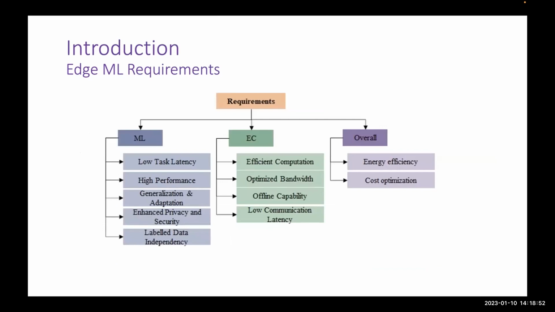The requirements combine both the requirements for machine learning and edge computing. You have different requirements, and obviously I will not go through all of them. But for machine learning, you are expecting high performance, with the operations done as fast as we can, at least when building the model. This is why we are using high computation power. It's important to think also about inference. We want to do the inference very quickly.